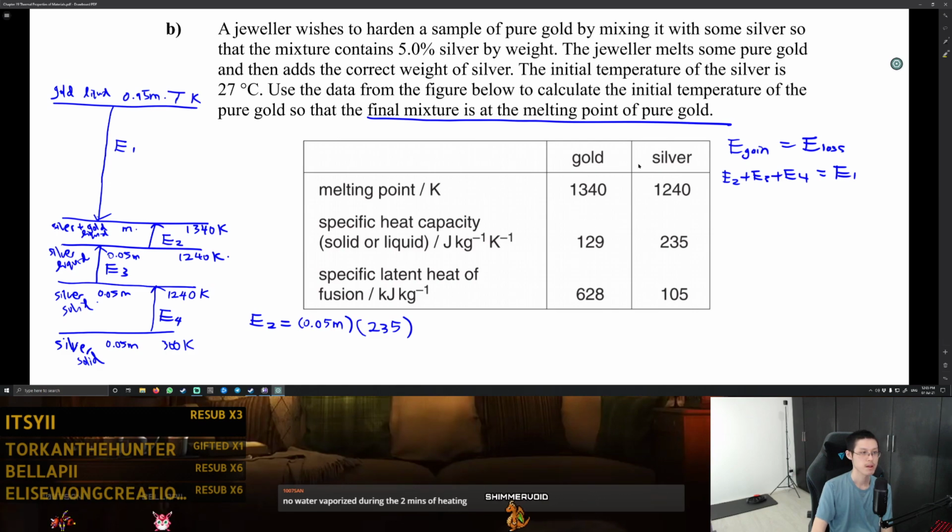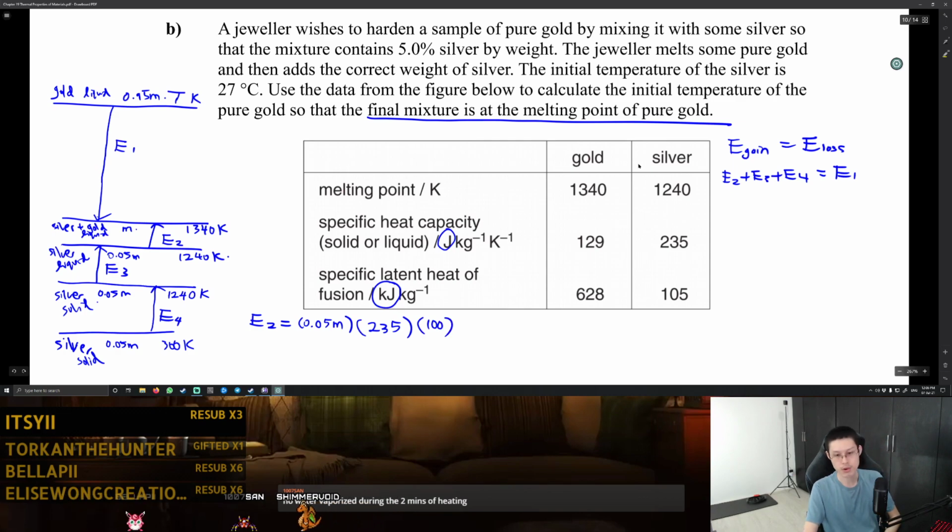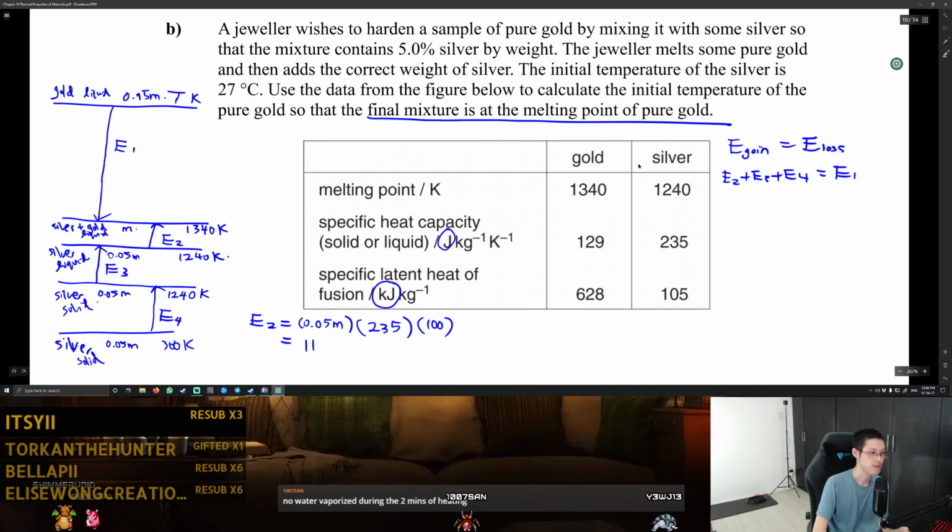Note that this is kilojoules, this is joules, so you have to change this to joules when you use the specific latent heat of fusion. Anyway, coming back to E2, MC theta. Theta is 100 kelvins because you're going from 1240 to 1340. So putting that into the calculator, we get 1175 M. All right, cool.